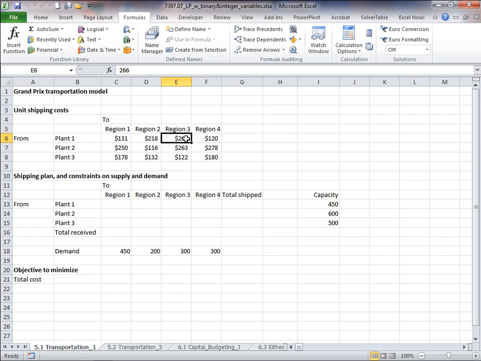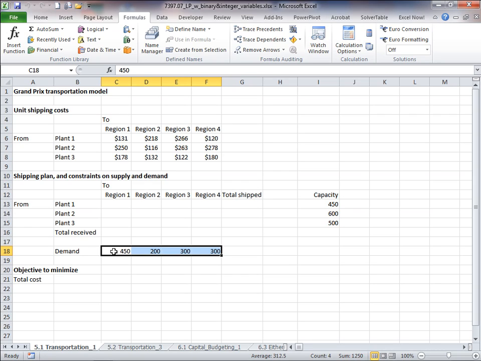In addition, our plants have a fixed capacity, and those capacities are the numbers you see there. Each one of the regions also has some amount of demand, and these are the demands you see here.